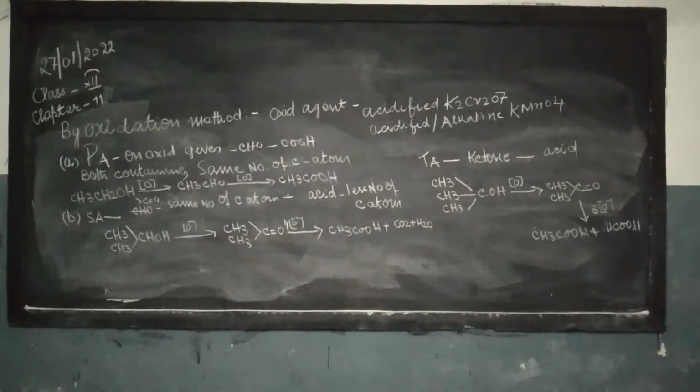Our third method is the oxidation method. Oxidizing agents generally used are acidified K2Cr2O7 or acidic or alkaline KMnO4. So these are the oxidizing agents. Our first point is A, primary alcohol.